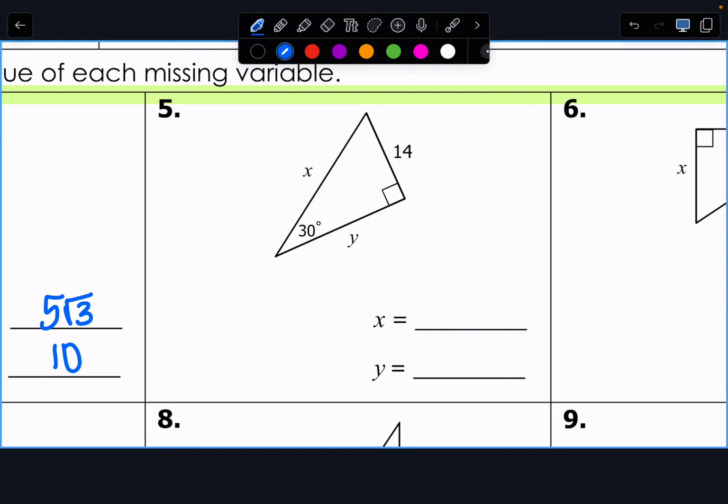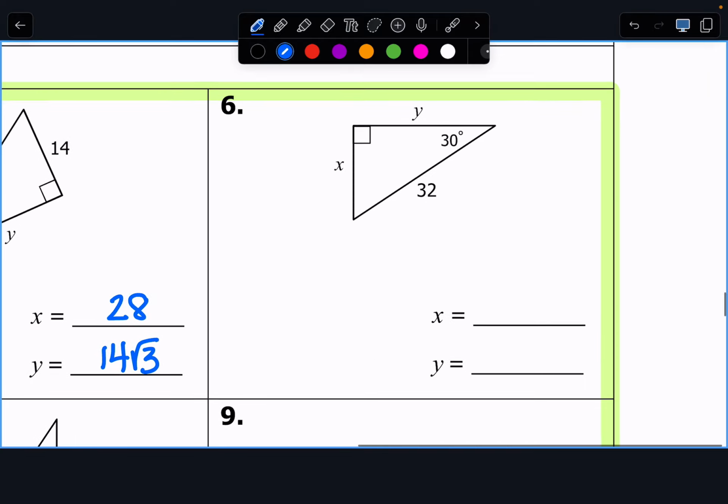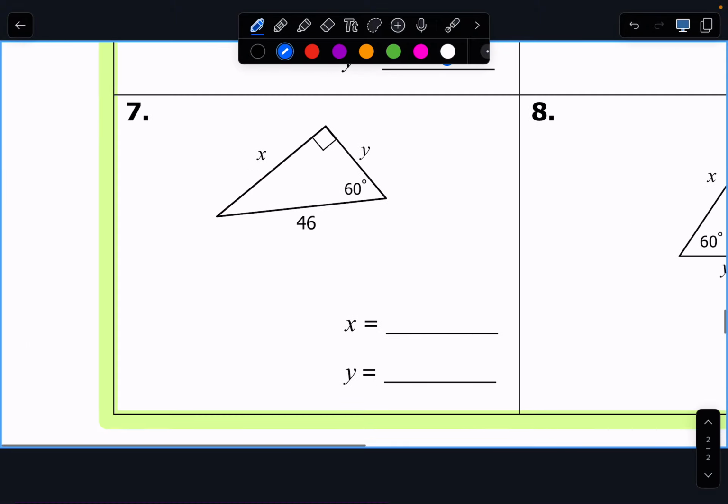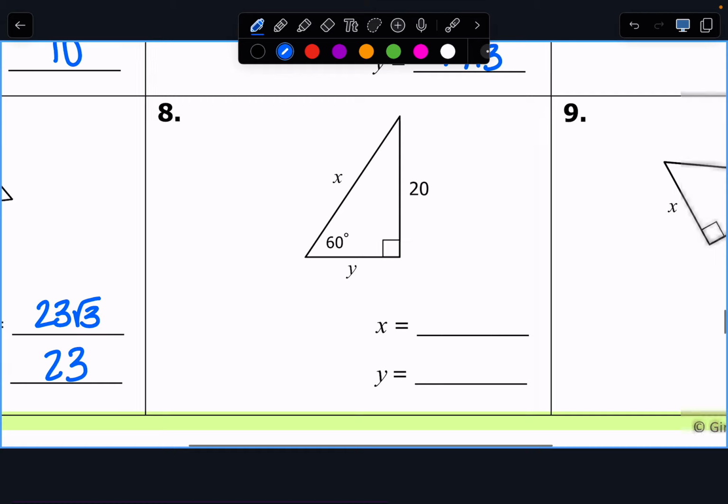Number 5, Aaron Letty. What'd you get? Does anybody disagree? Okay. Augie, number 6. I got 16 radical 3. I feel good about that one. Brooke, how about number 7? Any arguments there? Okay, Alex S., how about number 8?